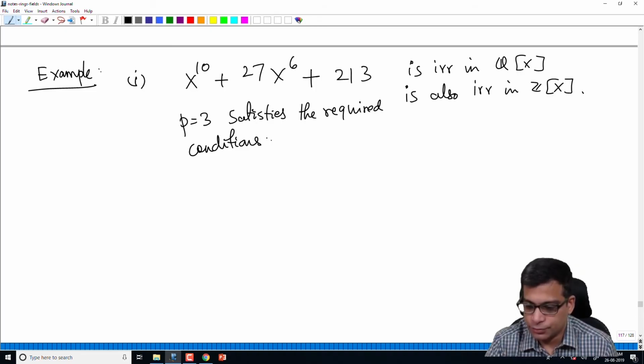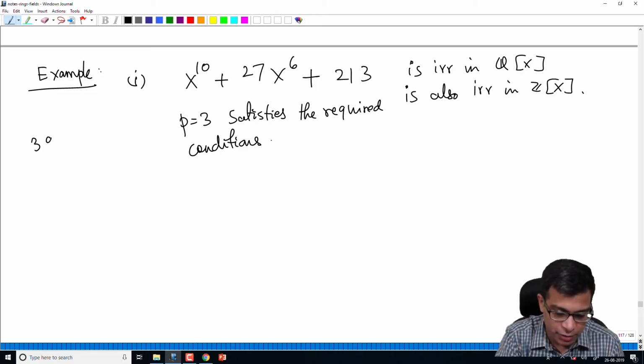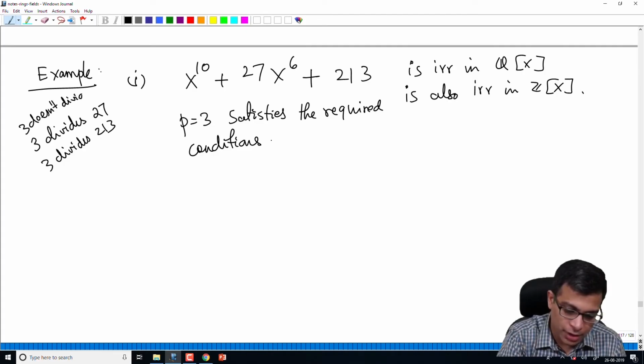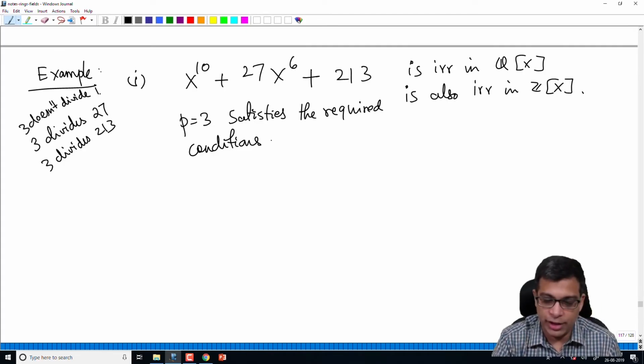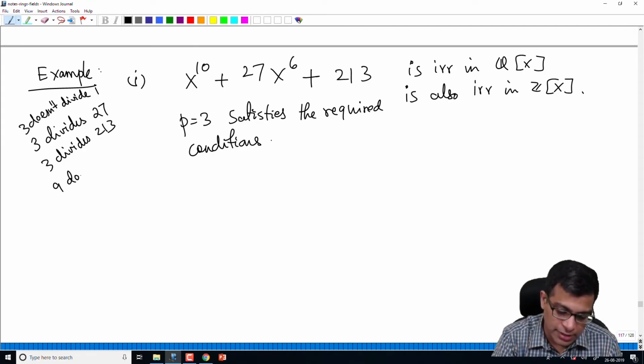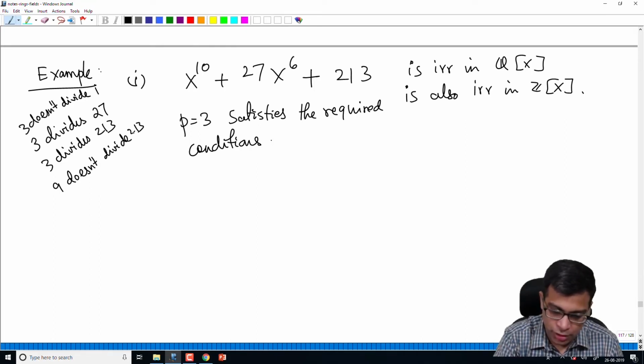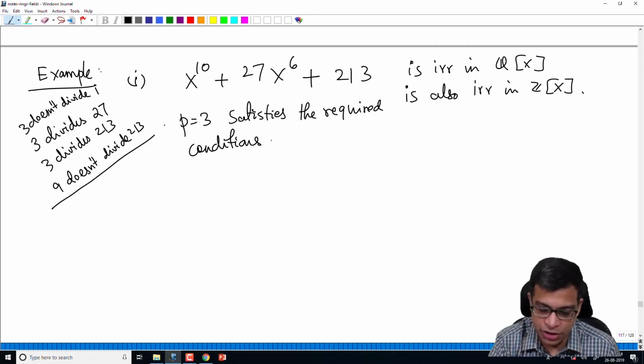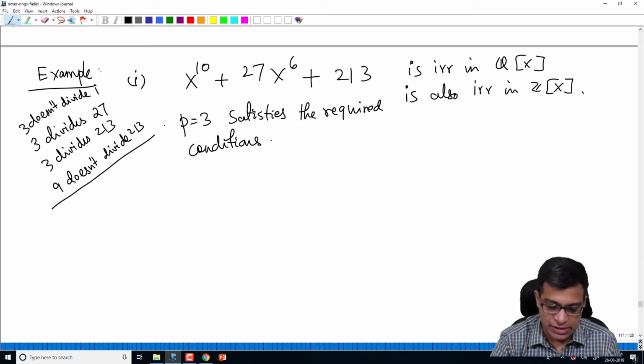Because 3 divides 27, 3 divides 203, and we also want 3 not to divide the leading coefficient, that is clear here, the leading coefficient is 1, and 9 doesn't divide 230. So 9 does not divide 213, you can quickly check. That means p equal to 3 satisfies this.